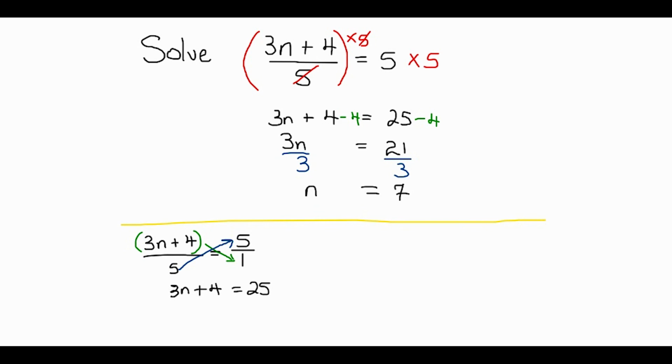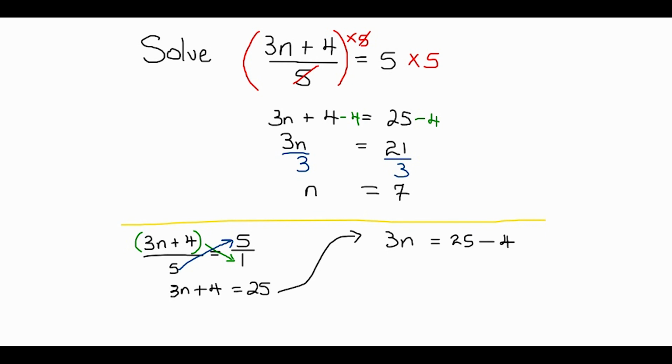And from here, what I do to make n the subject is going to boil down to the same procedure, where I subtract 4 from both sides, so I remain with 3n on the left side, and 25 take away 4 on the right.